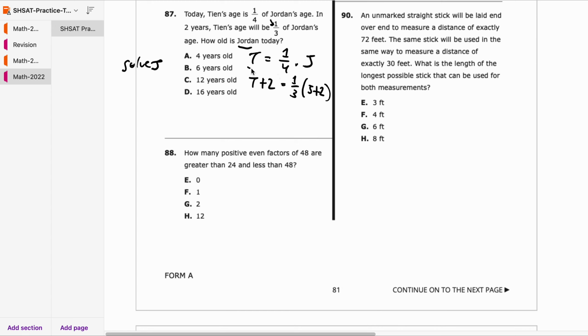Okay, so I'm going to plug in this expression for T into this equation. So we have T plus 2, which is 1/4 of J plus 2, is 1/3 of (J plus 2).